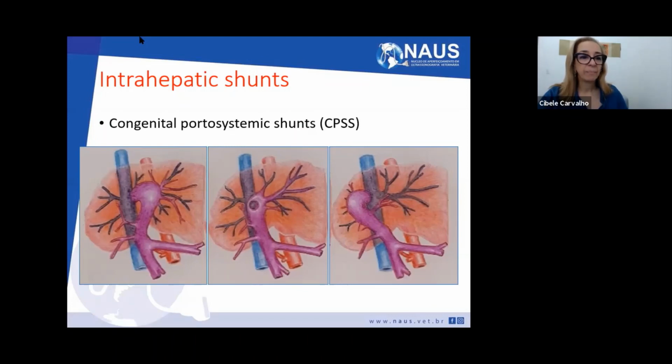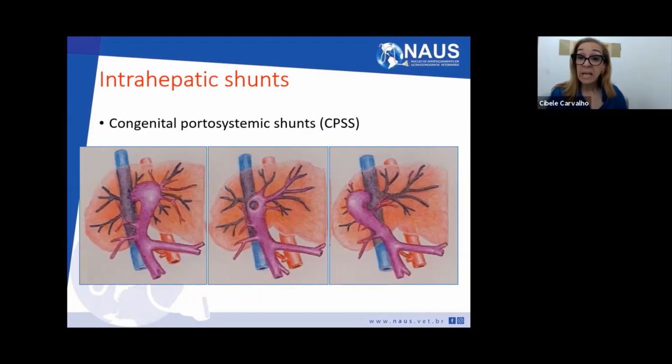Intrahepatic shunts that originate from the right branch usually have a segment that consistently runs dorsally and to the right from the portal vein, like a normal right portal branch.